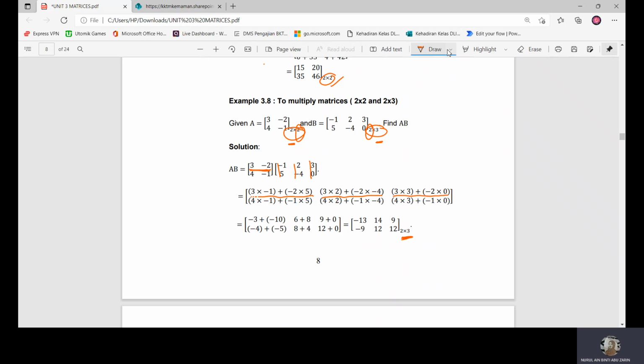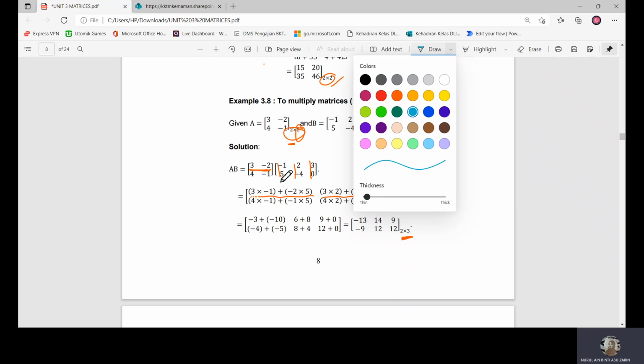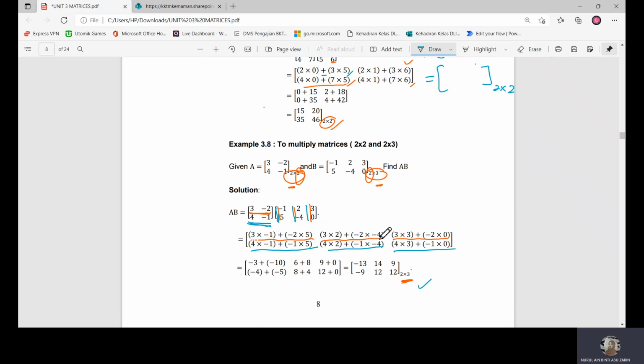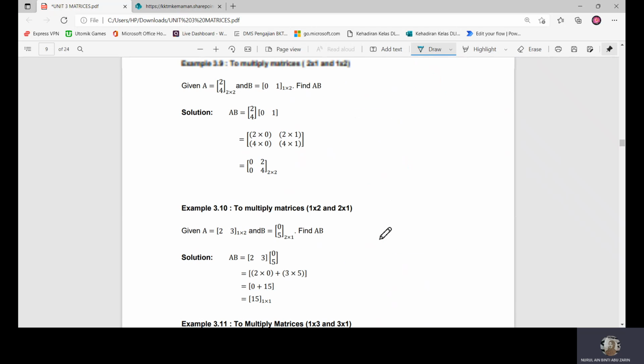The second row multiplied by the first, second, and third columns gives these. That is how you get the final answer, which is the combination of these elements, as you can see on page 8.